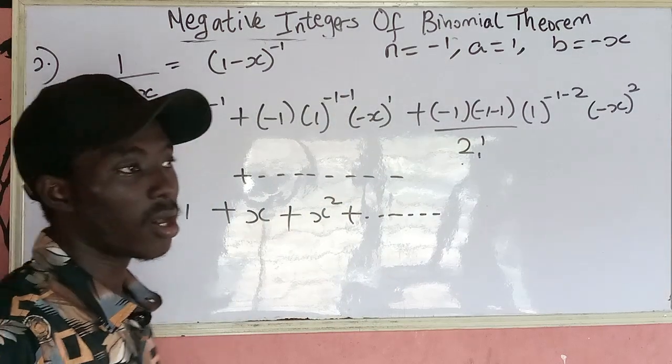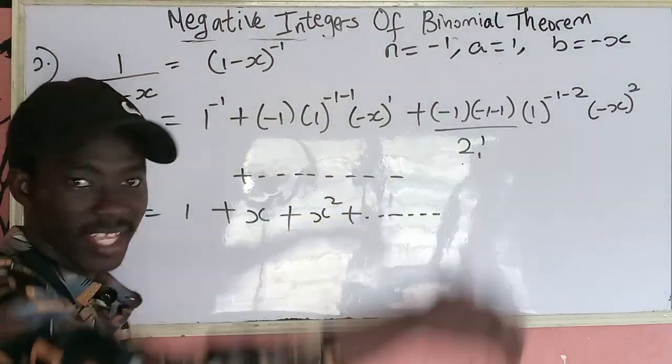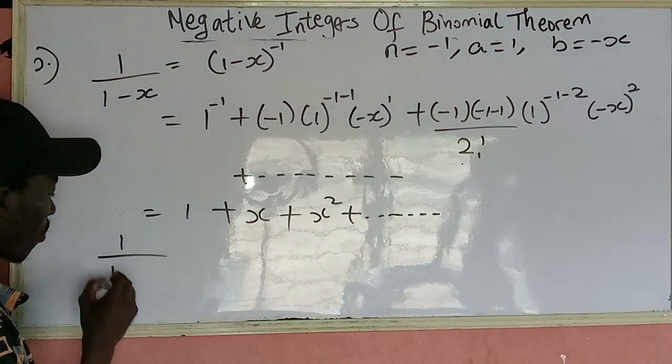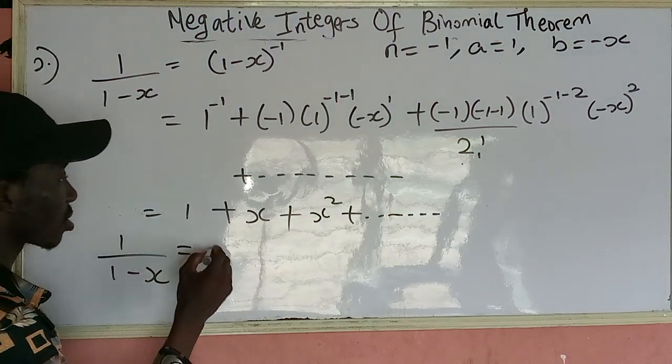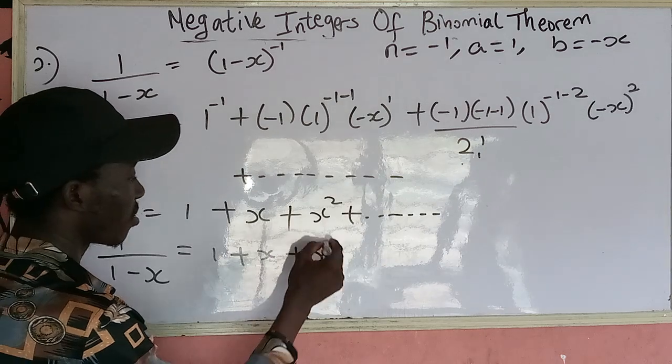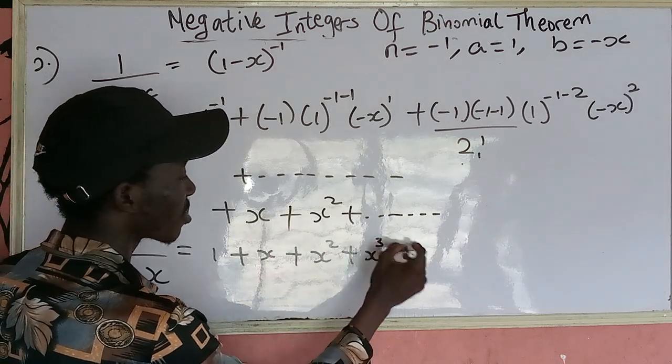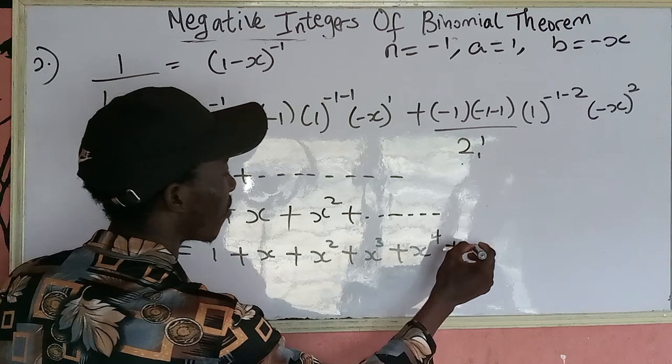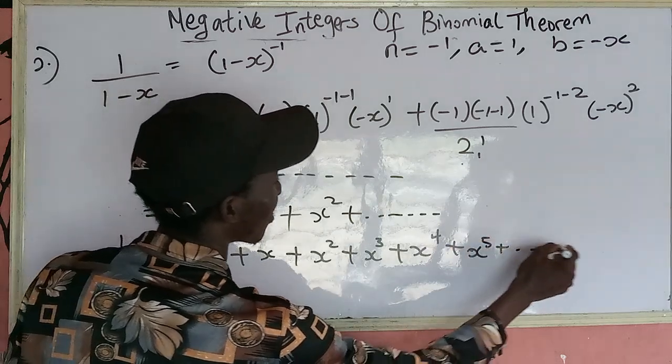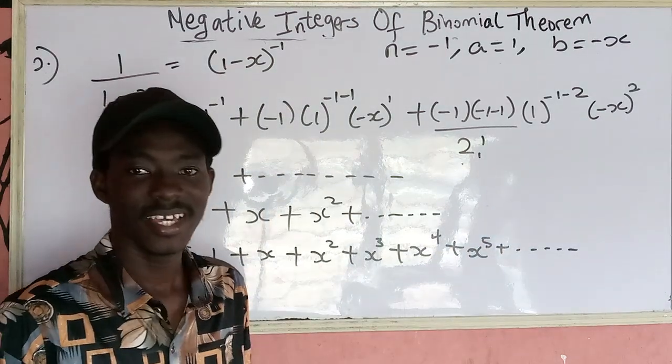So now, if you expand this infinitely, actually 1 over 1 minus x is equal to 1 plus x squared plus x cubed plus x raised to power 4 plus x raised to power 5, like that till infinity. Thank you guys.